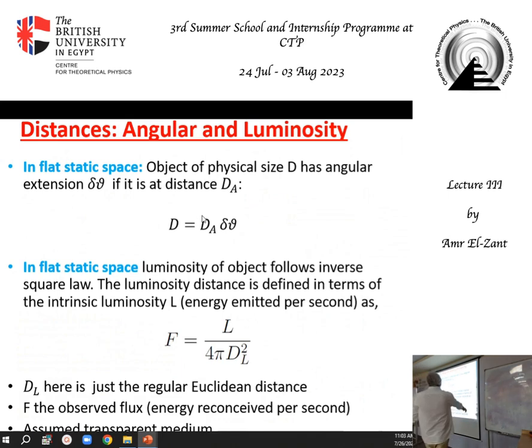If you see an object at a distance delta theta, and it looks like its size is A, or you know its size of A, then the angular diameter distance is this. So small angle that. Really? Okay.